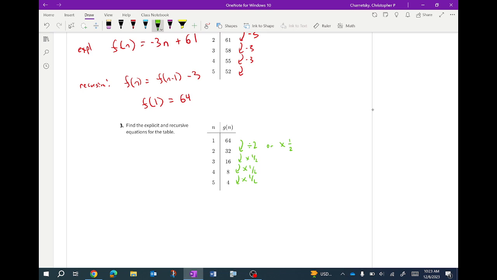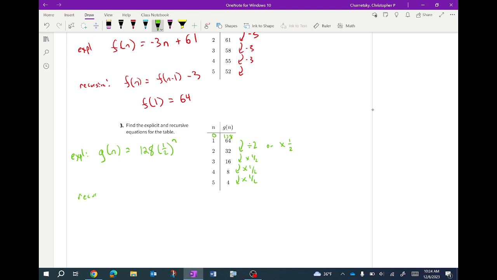So my explicit equation, g of n equals, so I need to go backwards a little bit, find my starting point. So 0, if I multiply this by 2, that gives me 128. So that's my starting, 128 times 1/2, that's what we're multiplying by each time, to the power of n. That's my explicit.